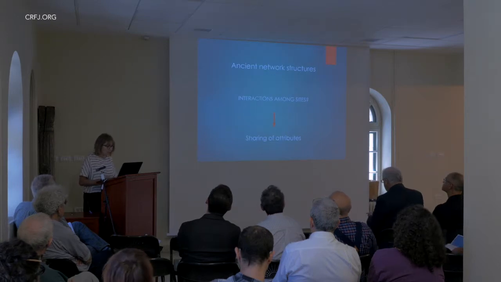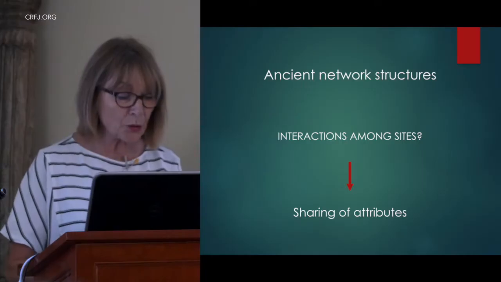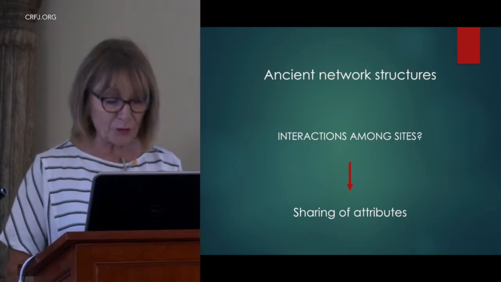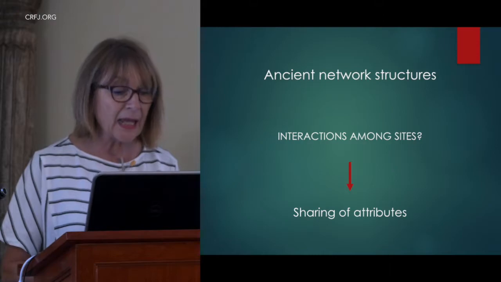For this purpose, I propose to consider ancient societies in terms of network structures in order to benefit from sociological models explaining evolution process. Network structures are usually studied based on probable interactions among those sites that share consumption of objects, for example, given similarities in the proportions of ceramic types at pairs of sites.